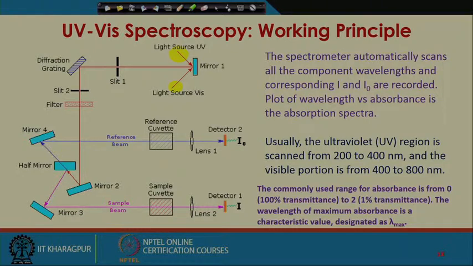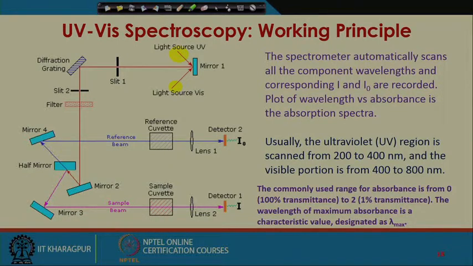Usually the ultraviolet region is scanned from 200 to 400 nanometer, and the visible portion is scanned from 400 to 800 nanometer. The commonly used range for absorbance is from 0 to 2. 0 corresponds to 100% transmittance, no absorbance means 100% transmittance, and 2 corresponds to 1% transmittance.